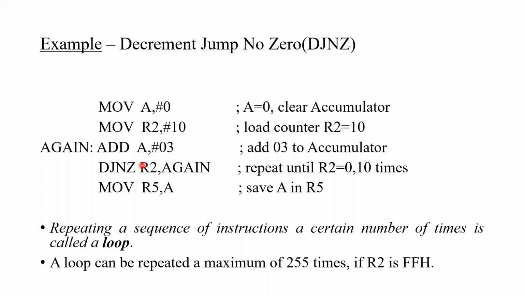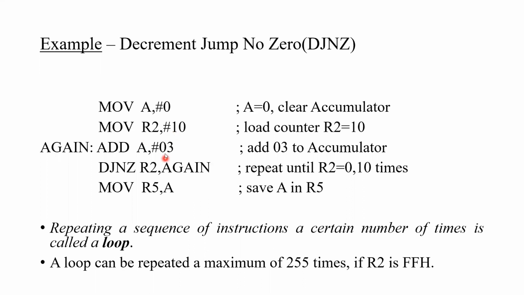Now, in the same example, a loop can be repeated a maximum of 255 times if R2 is equal to FFH, because we know the decimal equivalent of FFH is 255. So if the R2 value is set to FFH, what will happen here?